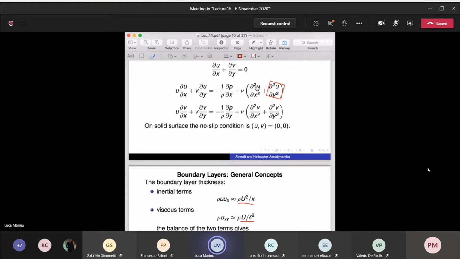The same is true also here. We multiply by U0 and divide by U0. Here we multiply by the square of L and divide by the square of L for these terms.